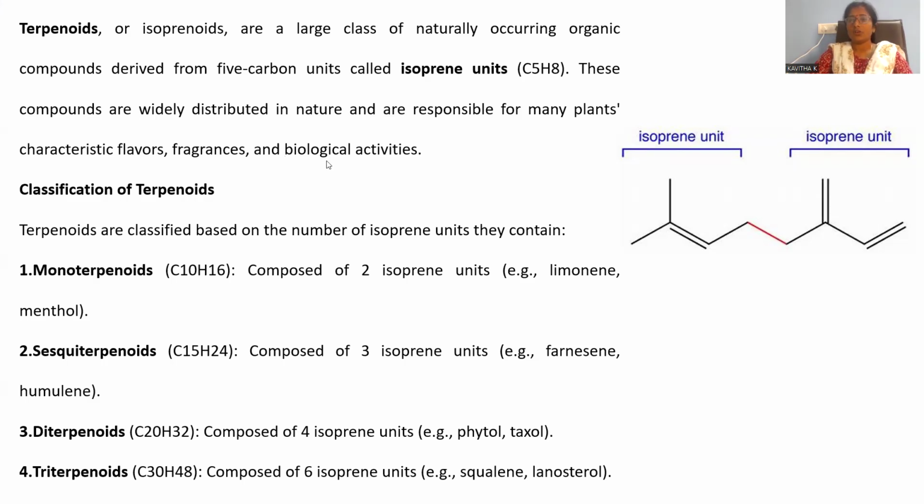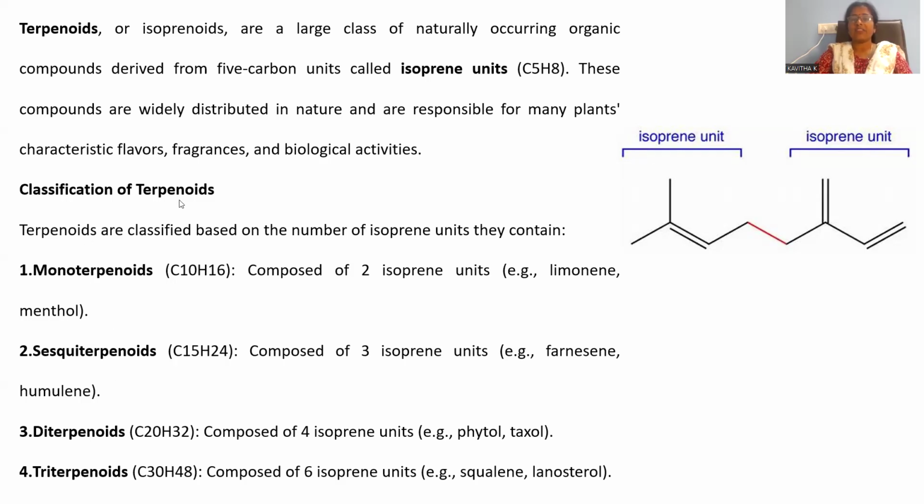So they also have medicinal applications. For example, let me take menthol. So mint oil also has an analgesic property. So many kinds of applications we can find for these terpenes. So that we are going to discuss the compounds called terpenoids.